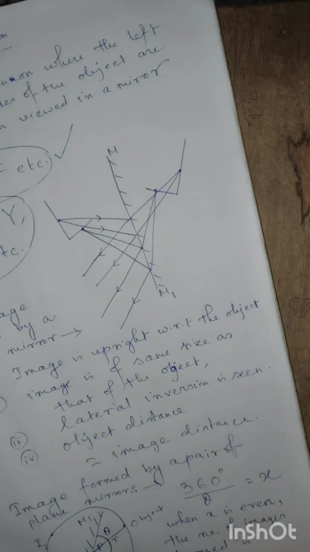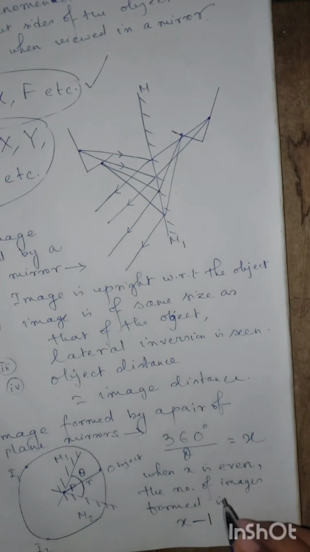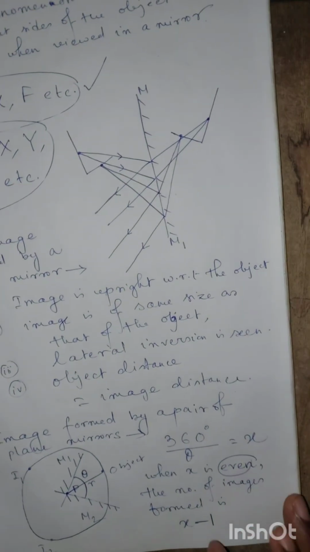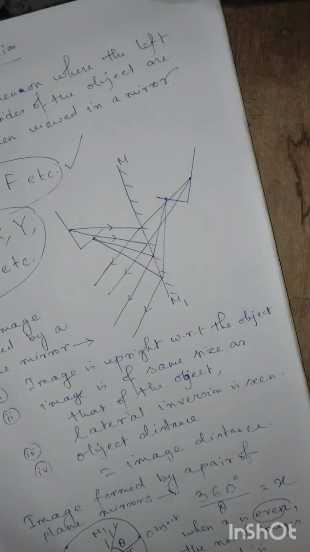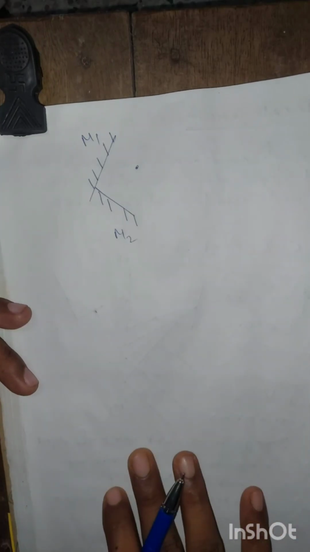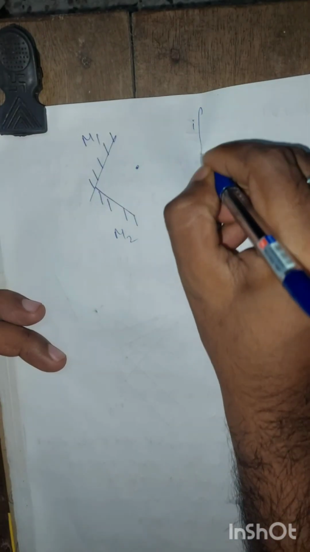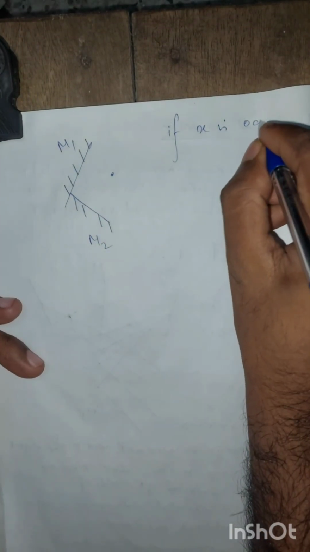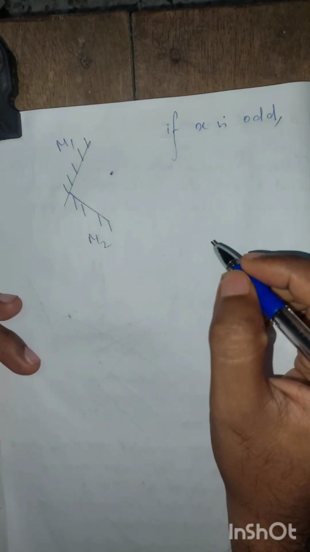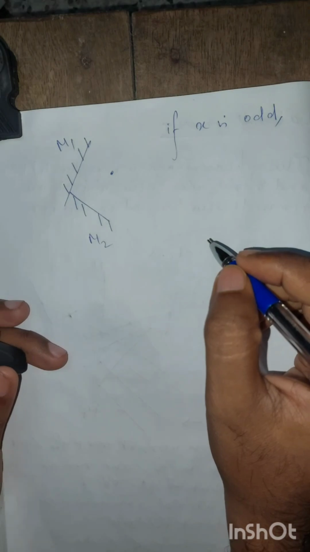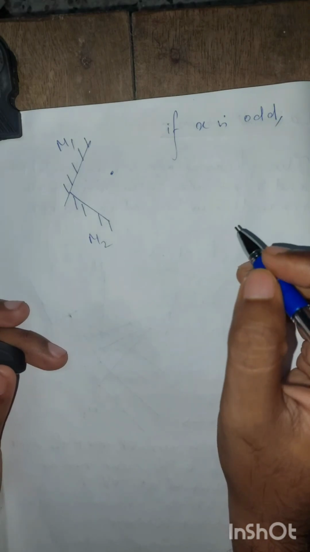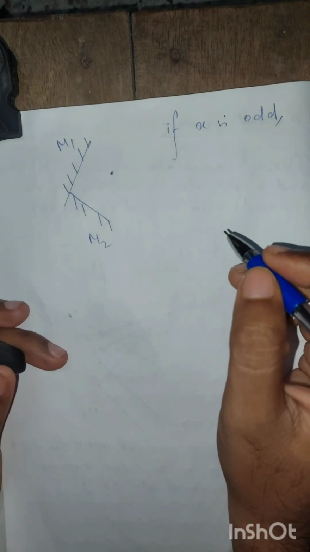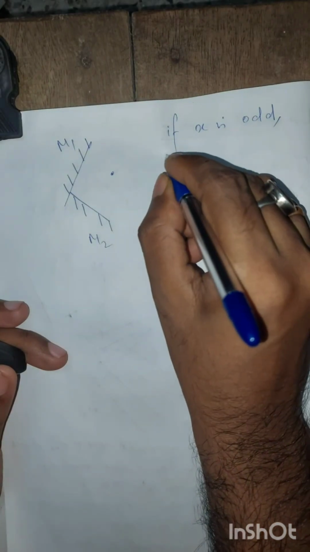So this is the case when x is even. Now if x is odd, then two cases can happen.